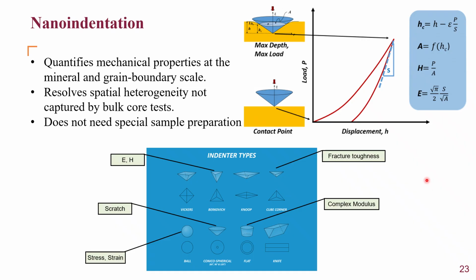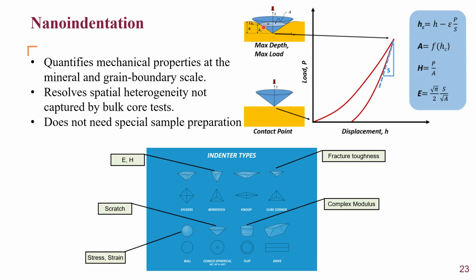Nanoindentation is very simple. You have an indenter which has a certain shape, and depending on the shape of the indenter, a machine is used to apply a force. The force makes a dent into your sample surface.